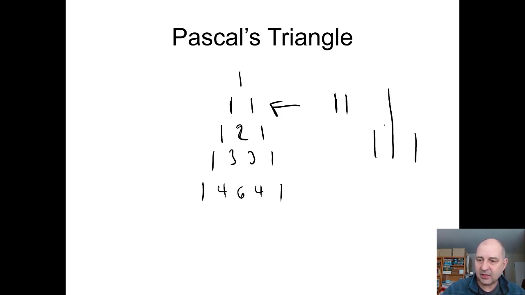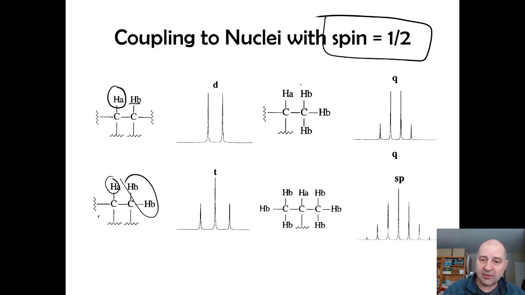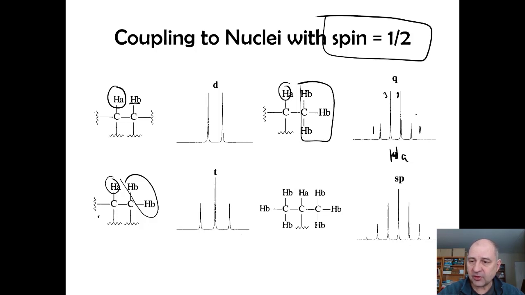And then this will be 1 to 3 to 3 to 1, your quartet here, right? So here we have a quartet. We have 3 hydrogens that are coupled to our signal, right? This is signal HA here, and you see a quartet, and so the height difference is going to be 1 to 3 to 3 to 1. You can kind of see that this is a third of the height.